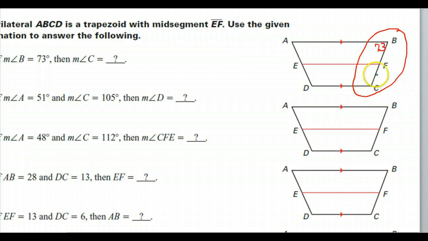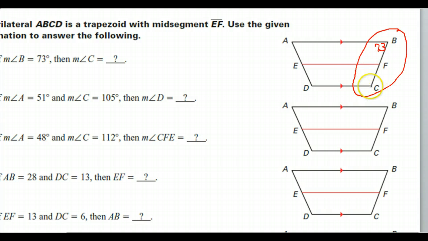These angles like B and C will be supplementary, just like angles like A and D will be supplementary. Notice that because this is not a parallelogram, angles like D and C will not be supplementary, nor will angles A and B. So it's just sort of the leg angles. Remember, AD is a leg, BC is a leg. Leg angles are supplementary.